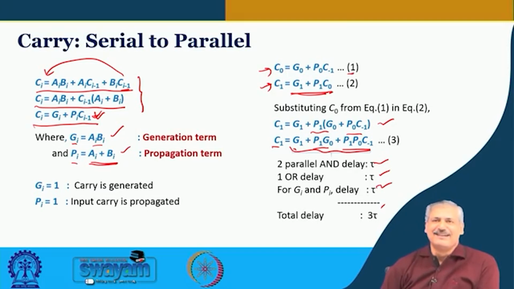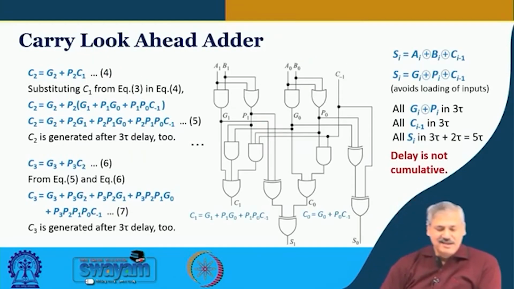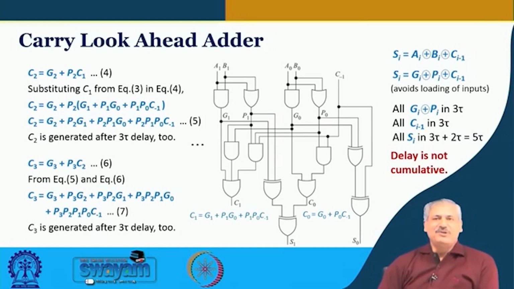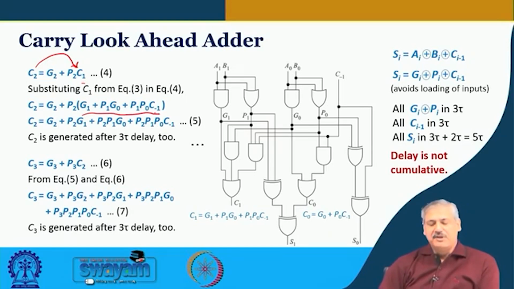Whether this benefit is there for larger number of bit addition, so 3 bit, 4 bit, let us see in the next slide. Okay. So, for that we investigate the basic equation of C 2. C 2 is G 2 plus P 2 C 1, that is the basic recursive equation. So, C 1 we substitute from the previous equation as G 1 plus P 1 G naught plus P 1 P naught C minus 1.